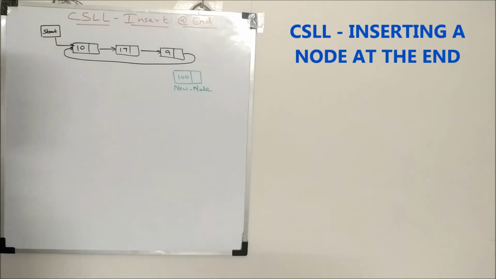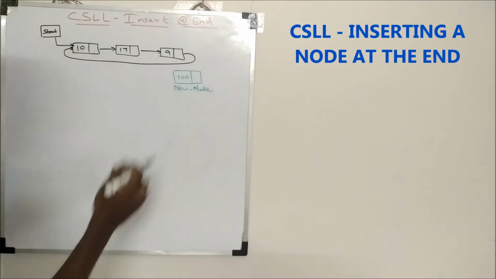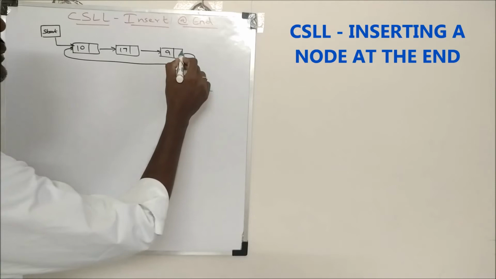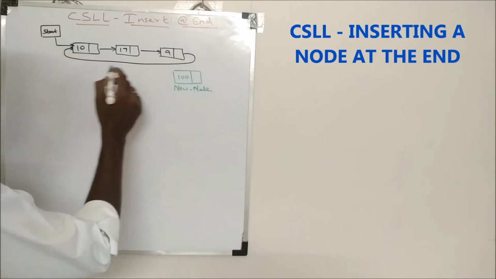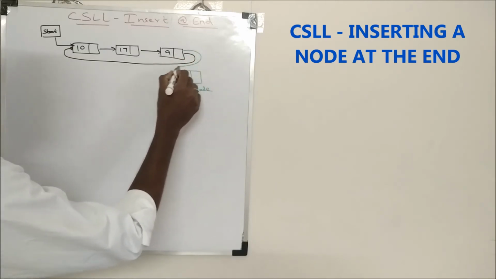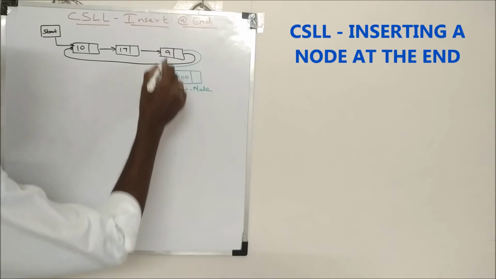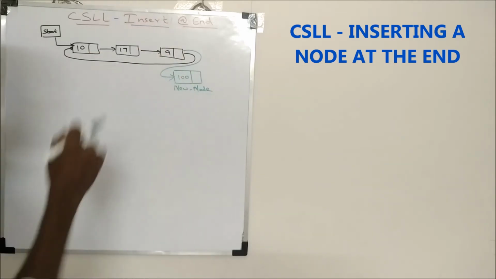How can we insert? We are going to insert after this 9. So what are all the things we have to do? Initially the 9 is pointing to the start, but hereafter this 9 will point to this 100, because the 100 should be inserted after 9, since it is inserted at the end.